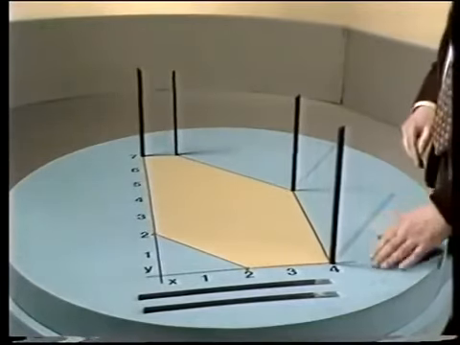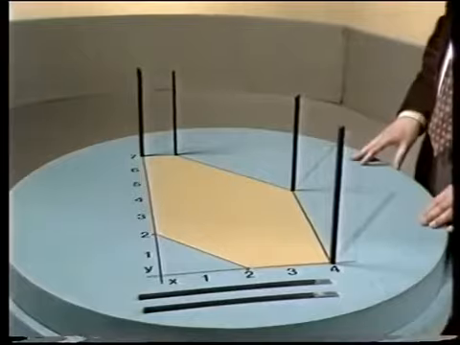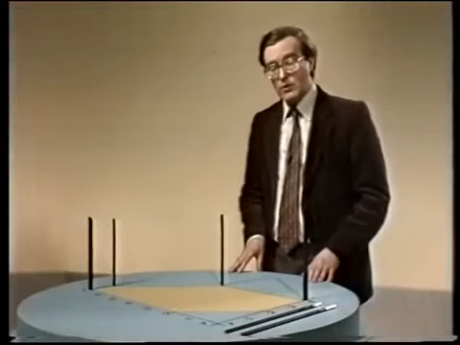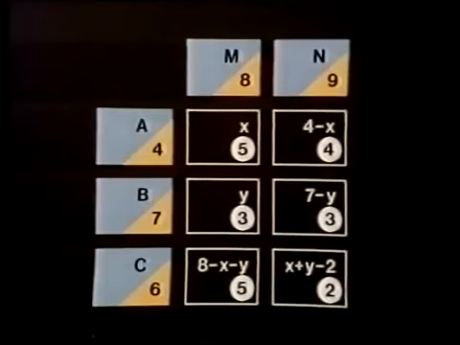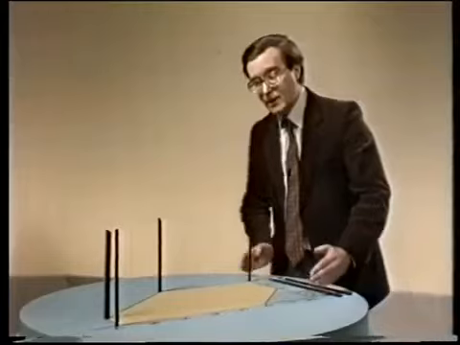I've drawn axes for X and Y on the surface of the table, and I've tried to indicate that not all values of X and Y are possible. If we look back at our table, we'll see that since the flows from A, that's X and 4 minus X, must both be non-negative, it's necessary that X must lie between 0 and 4. That's here.